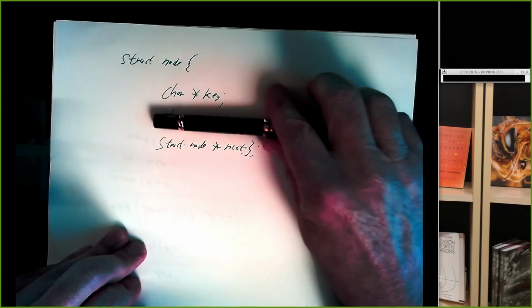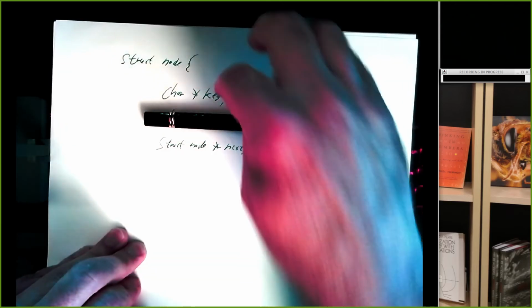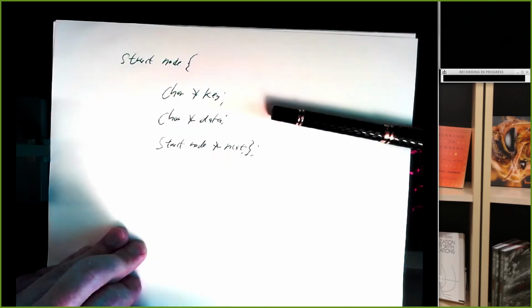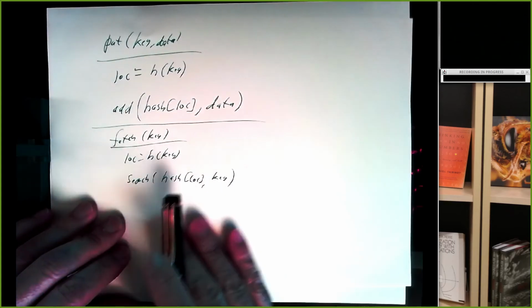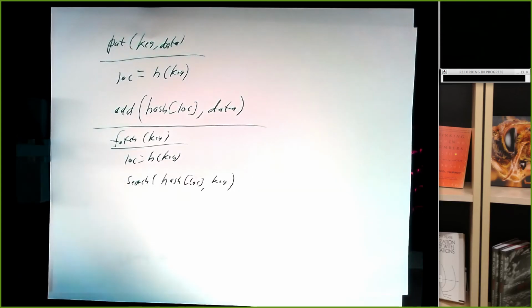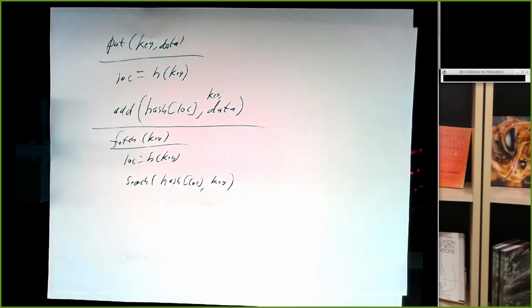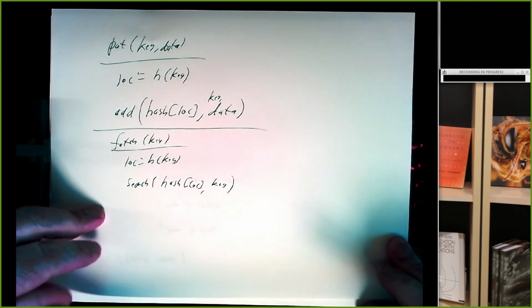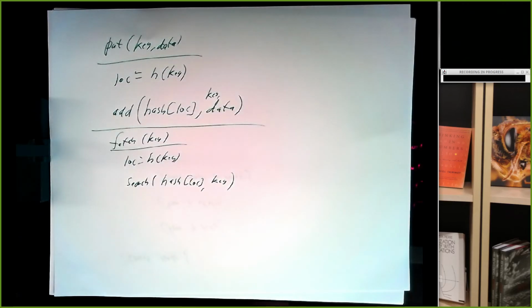So if we thought of it as a linked list in the PA1 sense, the data field would be the key, the next field would be the next. But we would also throw into each node the data associated with that key. So our add function would need to know the key and the data, both of which we want to store inside this structure node. And our search function in PA1 was just a binary.